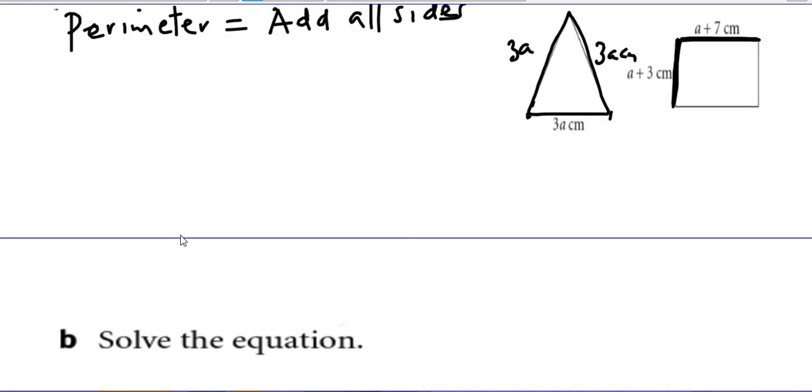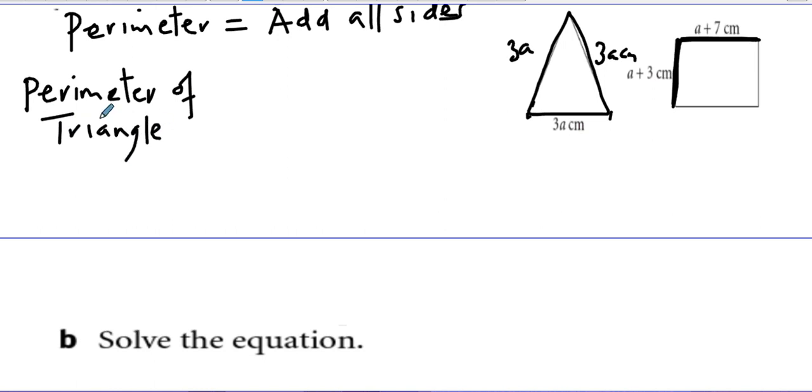Okay. So we have the perimeter of the triangle, and we have here the perimeter of the rectangle, because we changed the square to be a rectangle.